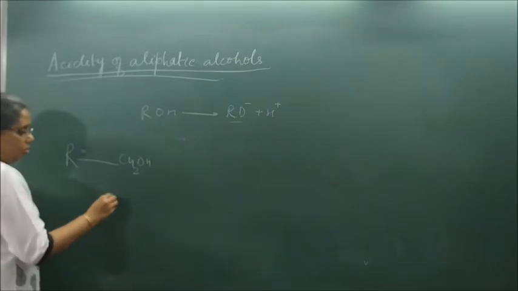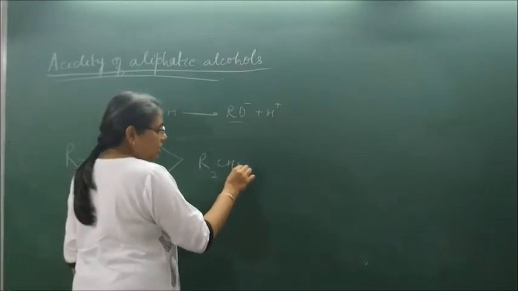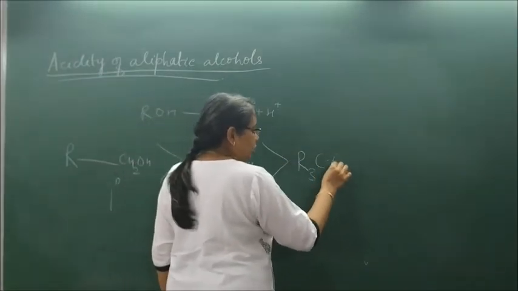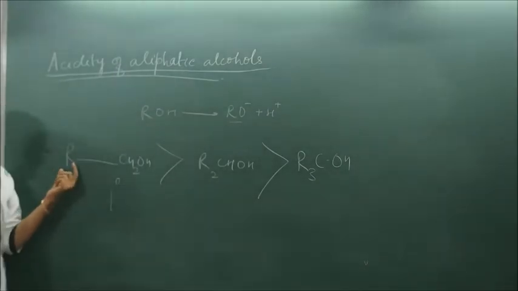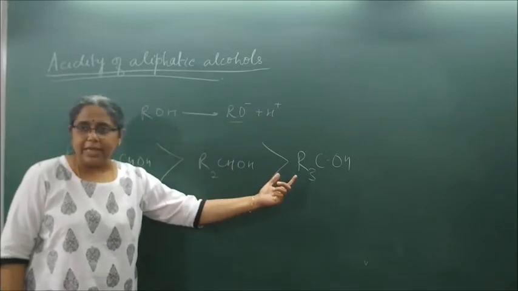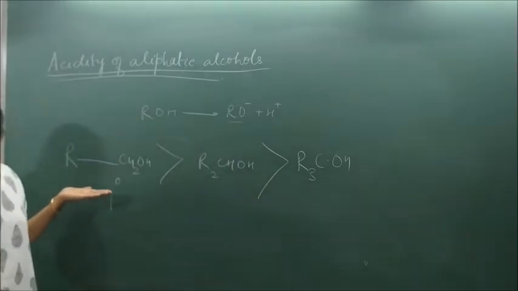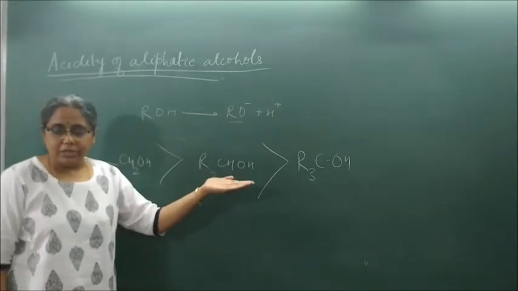This is primary alcohol, this is secondary alcohol, and this is tertiary alcohol. All of you know: one alkyl group, primary alcohol; two alkyl groups, secondary alcohol; three alkyl groups, tertiary alcohol. So the order of acidity is primary greater than secondary greater than tertiary.